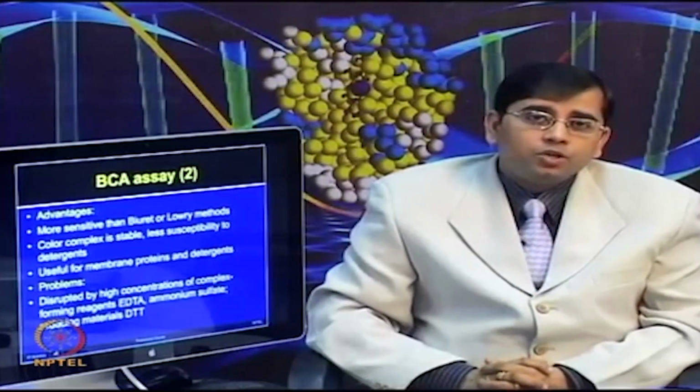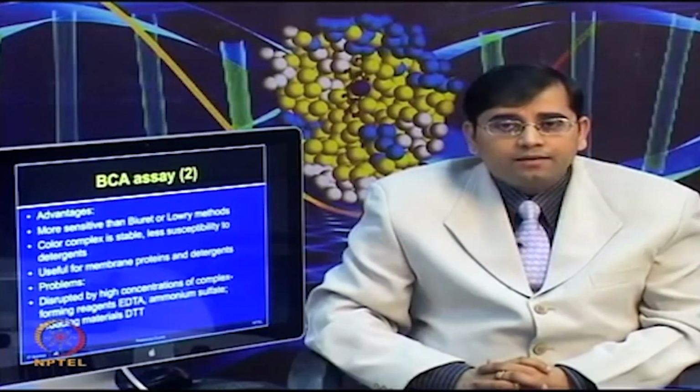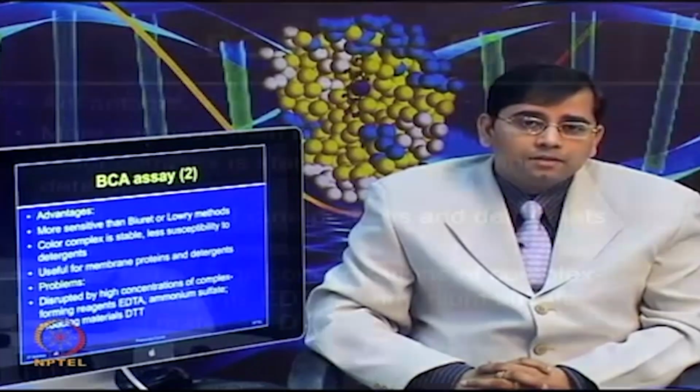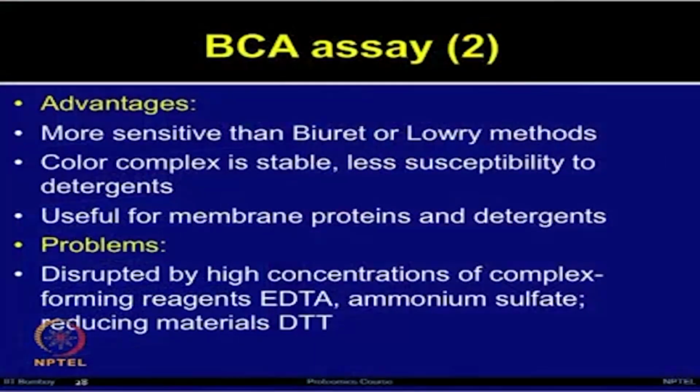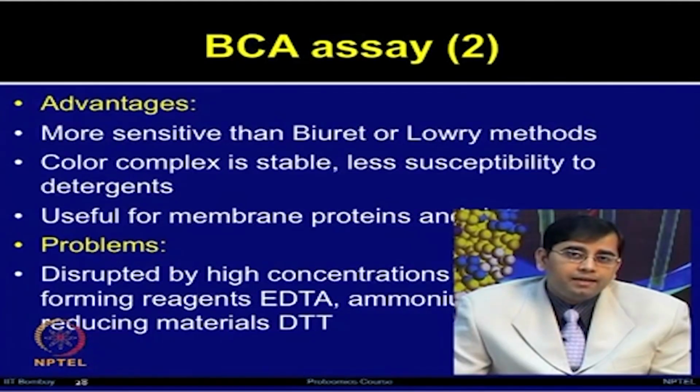There are different advantages of using the BCA method. It is more sensitive than the Lowry method or biuret. This color complex is quite stable. It is less susceptible to detergents. This method is also used for samples which are rich in detergents as well as for SDS samples which contain membrane proteins.